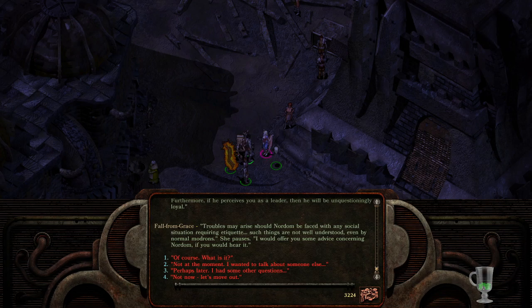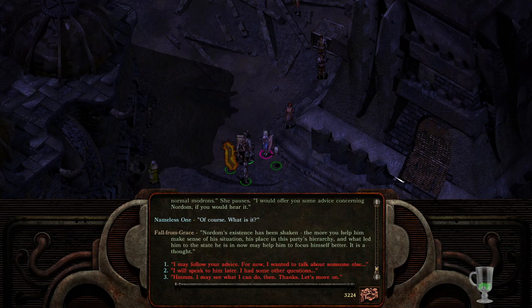Such things are not well understood, even by normal Modrons. He pauses. I would offer you some advice concerning Nordom if you would hear it. Of course, what is it? Nordom's existence has been shaken. The more you help him make sense of his situation, his place in this party's hierarchy, and what led him to the state he is now, may help him focus himself better.